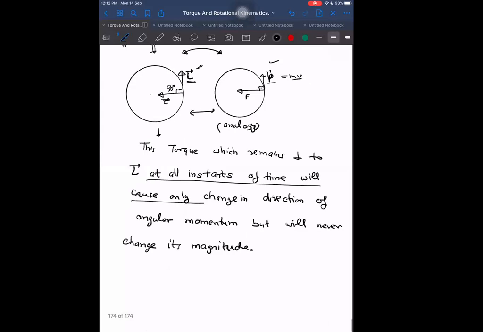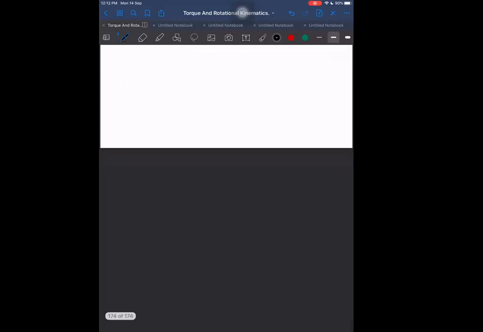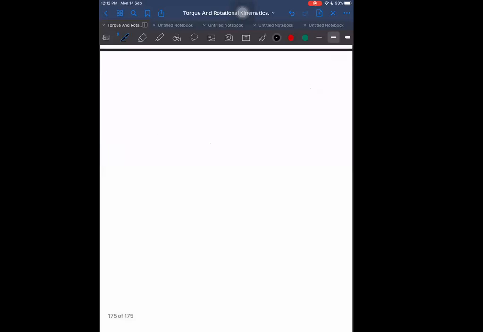Now, quickly, I will give you several examples, and that will make 100% clarity. You will understand the things properly. So, what are the situations we will be facing while we are applying the conservation of angular momentum? I'm discussing all those situations very quickly.